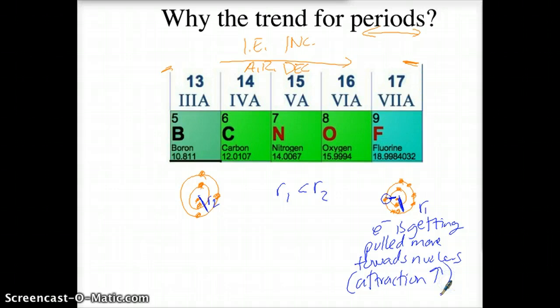Since there's a stronger attraction, it's going to take us more energy to rip one of these electrons off. Conversely, since this electron is further from the nucleus, there's less attraction between the proton and the electron, so it's going to take less energy to remove that valence electron. So that's the explanation as we go to the right.